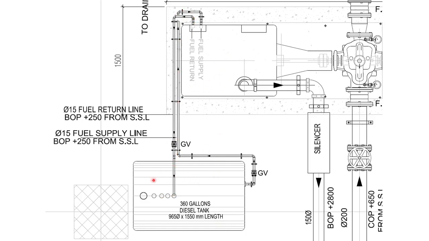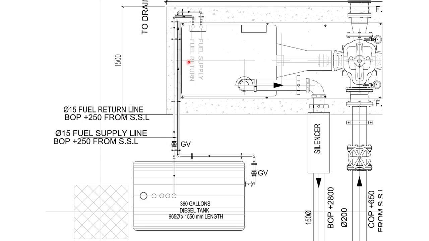Please note, fuel piping shall not be galvanized steel or copper as per NFPA 20. However, we can use black steel pipe for diesel piping, and the fittings shall be steel or malleable iron fittings. The fuel return line shall be installed according to the engine manufacturer recommendations.